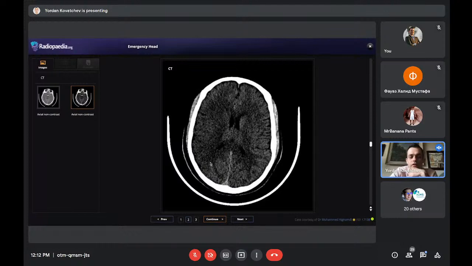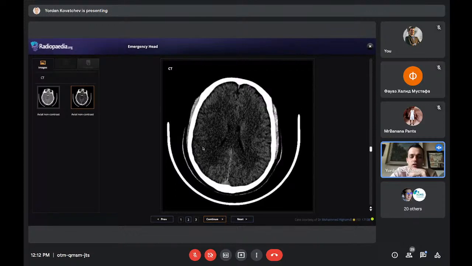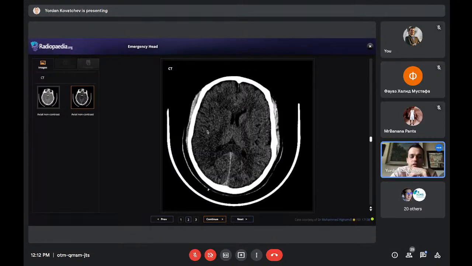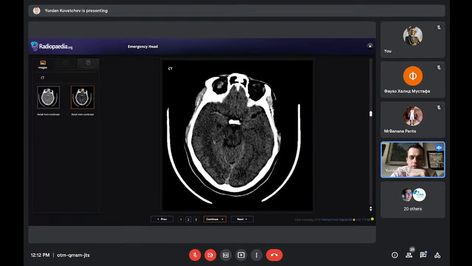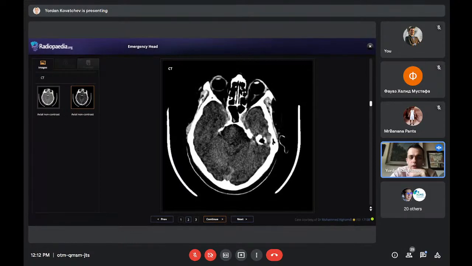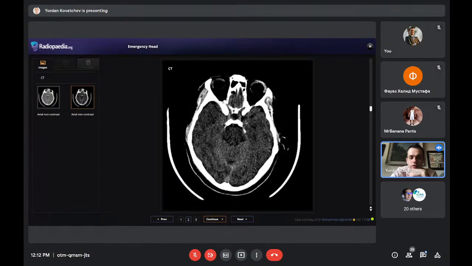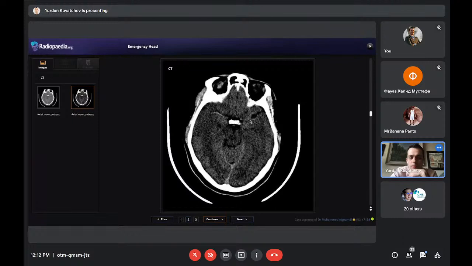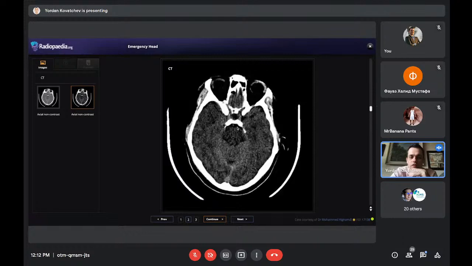Look how strictly demarcated this is. This is the posterior PCA zone, and this is the MCA zone. Here, it's kind of smudgy. There is an initial loss. There is some cytotoxic edema. And here, middle cerebral arteries, both sides: on the left side you see how it goes up. It's discrete, but you can notice it. It goes up, it bifurcates. There are M1, M2, M3, there are different segments.